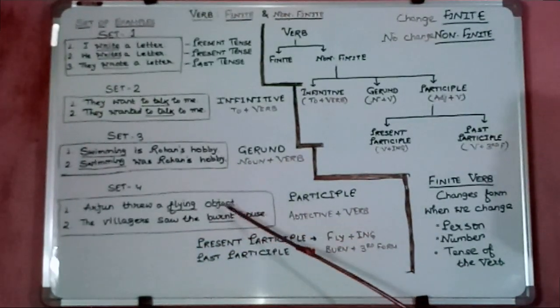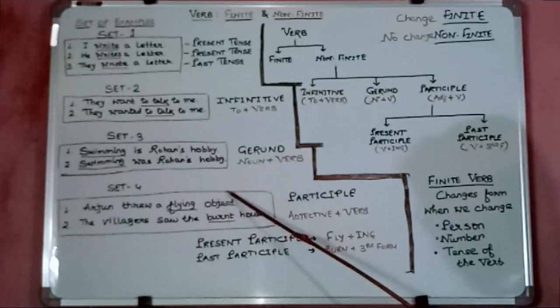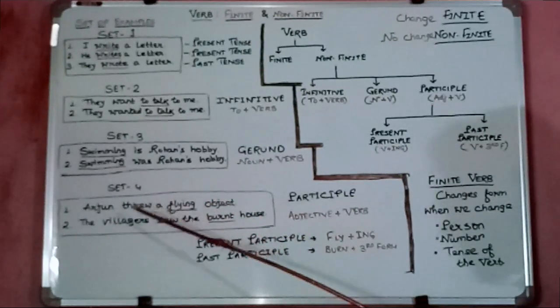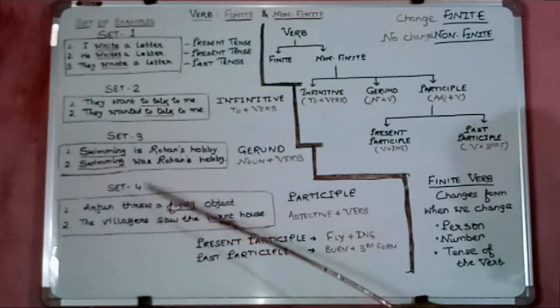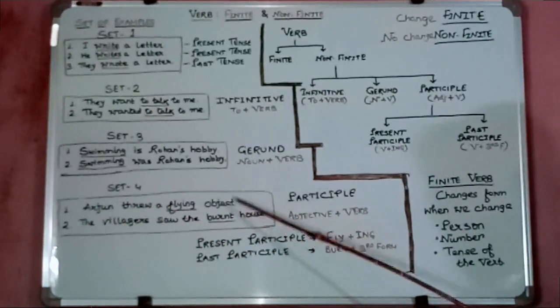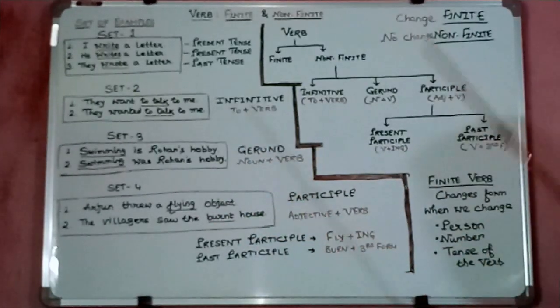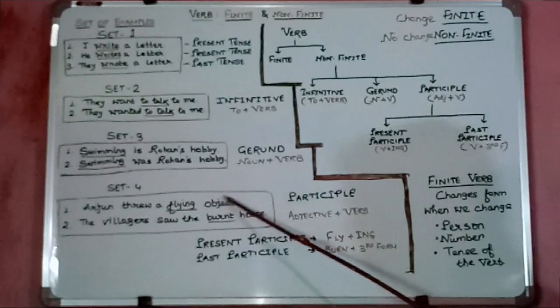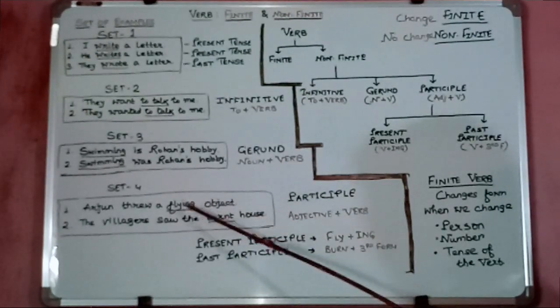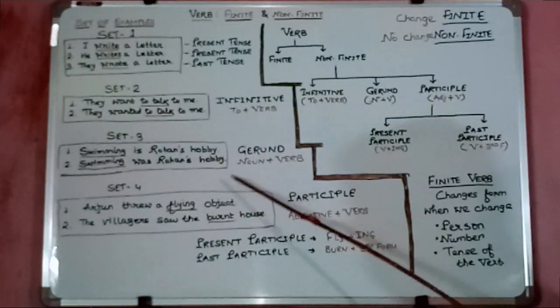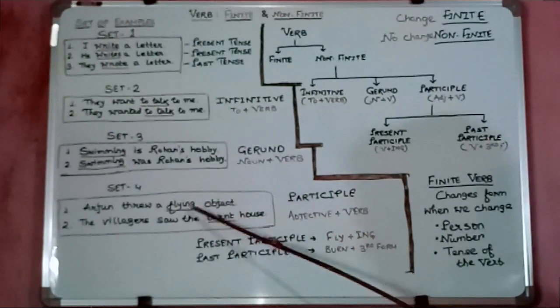Now in the first example you can see the noun is object. What did Arjun throw? Arjun threw an object. Now which type of object? A flying object. Now when a noun is described, obviously this is an example of an adjective, because we know that a noun is described by an adjective.